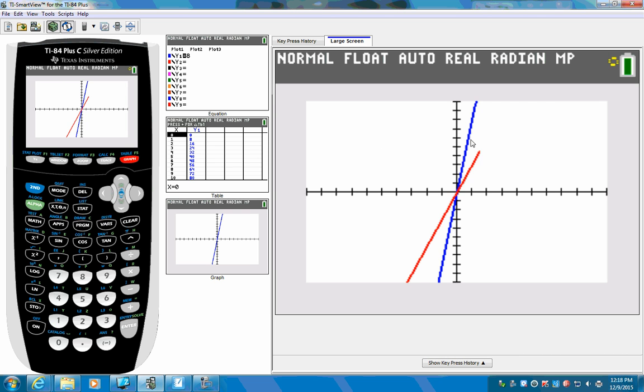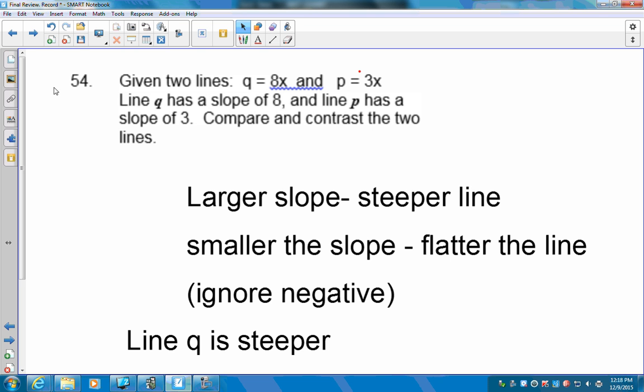So 8x is the blue line, and the blue line is steeper or taller than the red line, which is 3x, and the red line is flatter. So the blue line has a larger slope, steeper, and the red line has a smaller slope, flatter. So that's another way you could have looked at that problem.